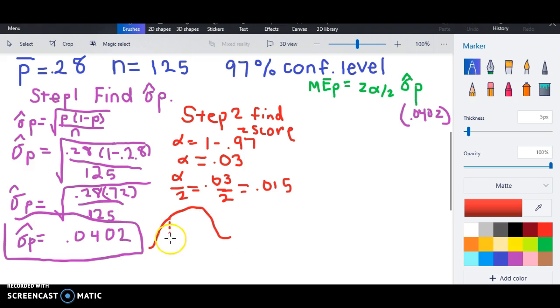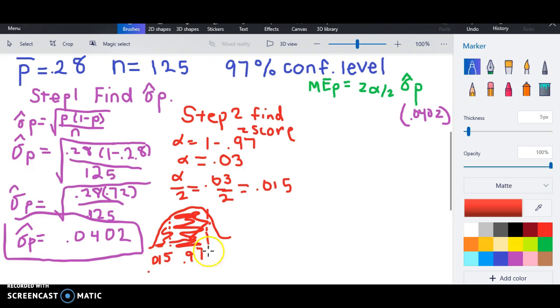Let's say from here to here, the area in the middle, all of this is 0.97, and then we break this into two tails, so one tail to the left is going to be 0.015.